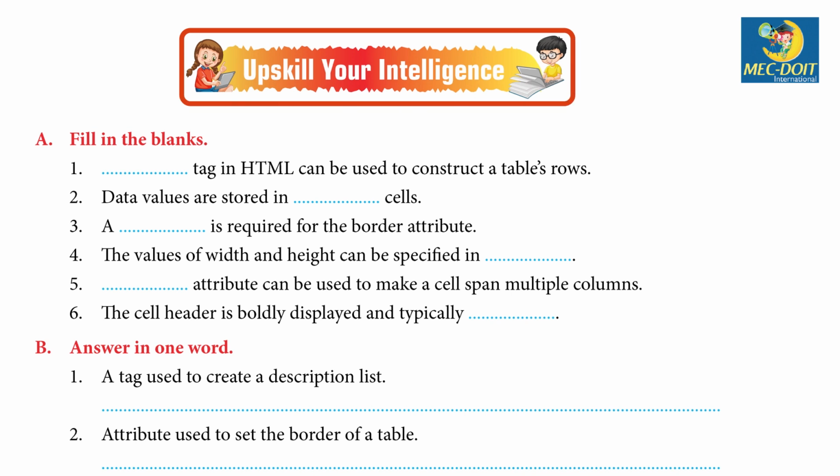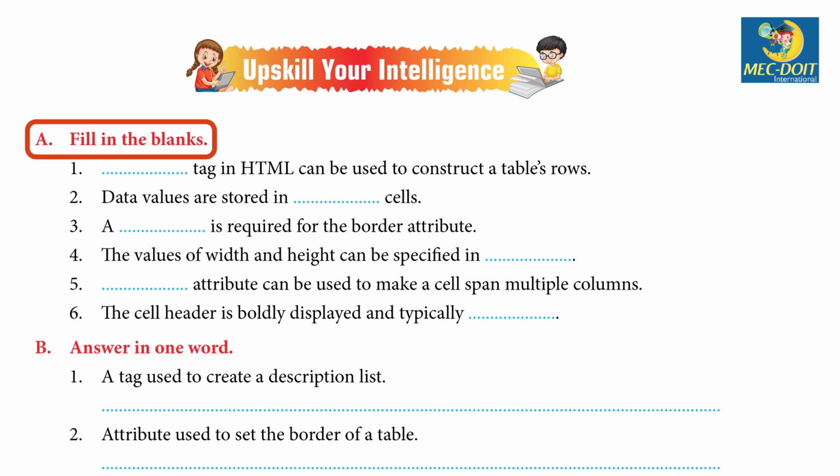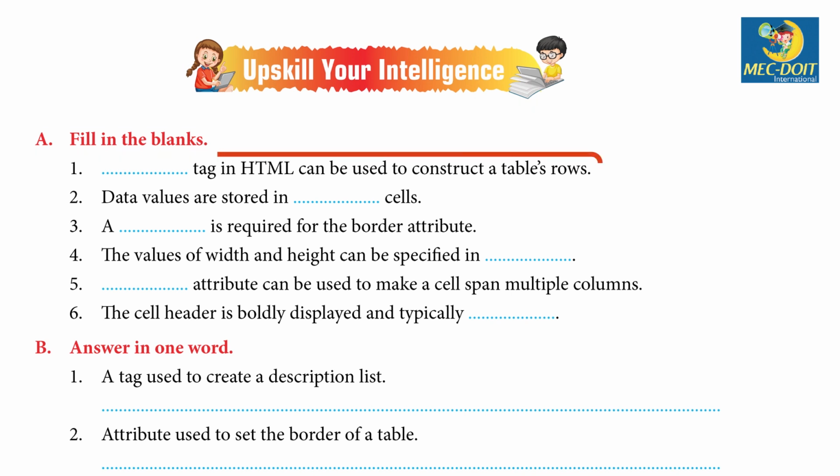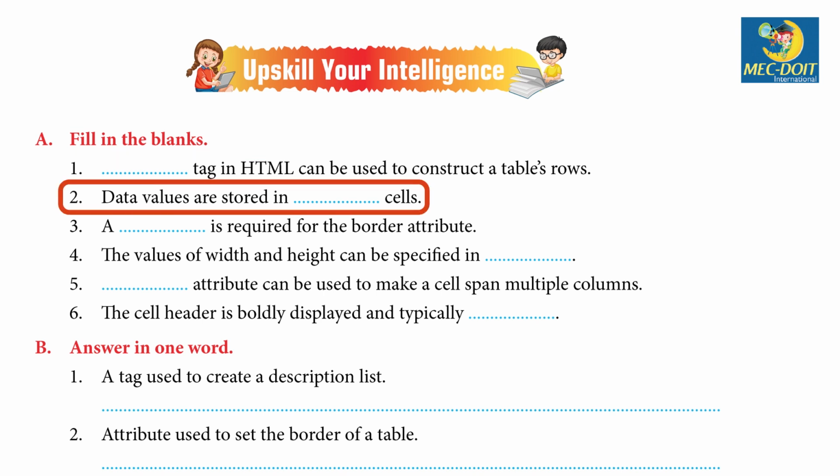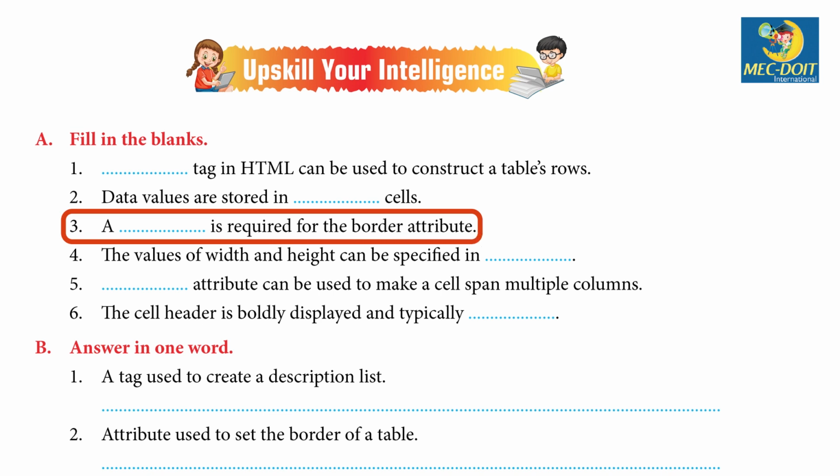Upskill your intelligence. A. Fill in the blanks. 1. Dash tag in HTML can be used to construct a table's row. Answer: TR. 2. Data values are stored in dash cells. Answer: table. 3. A dash is required for the border attribute.